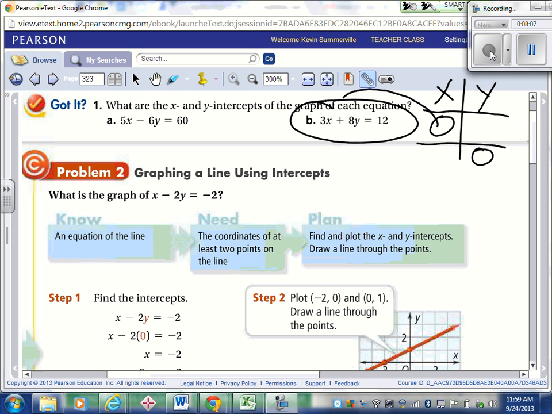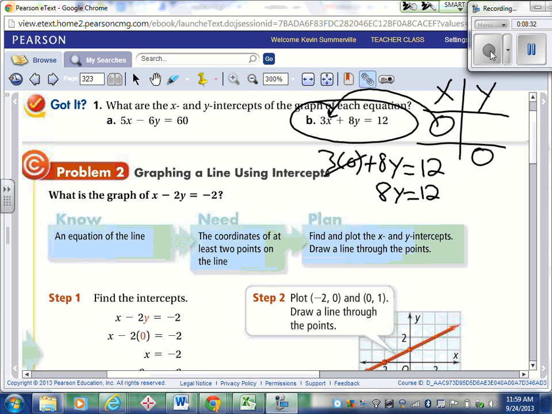So x is 0, so I'm going to rewrite this as 3 parentheses 0 plus 8y equals 12. 0 times 3 is 0, so I can just cross that out. And I'm left with 8y equals 12.